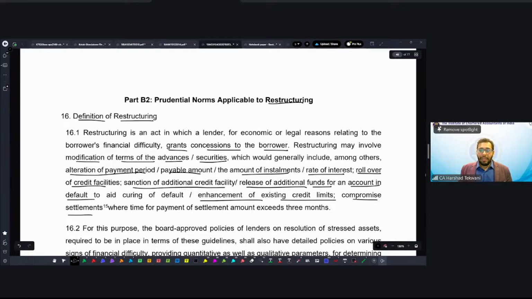There are credit facilities given to borrowers which are on the verge of becoming non-performing. Or, in certain scenarios, they might already be non-performing, substandard. So in that case, how do we have to classify the particular asset?